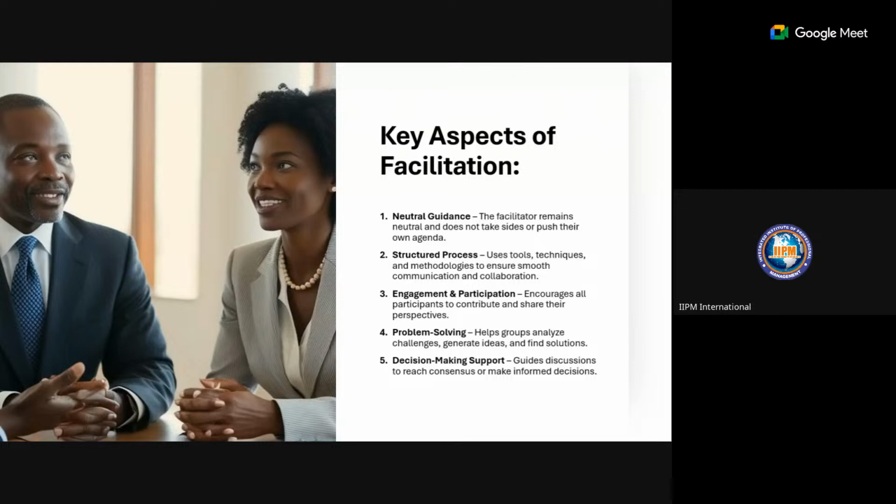Then you have problem solving, which helps groups analyze, generate ideas, and find solutions. Everything we do in facilitation, there must be a provision for practice.